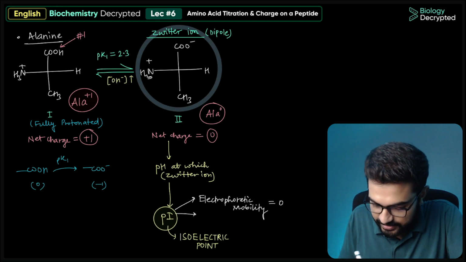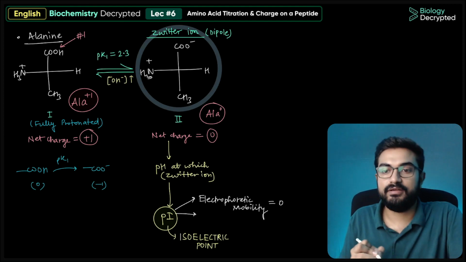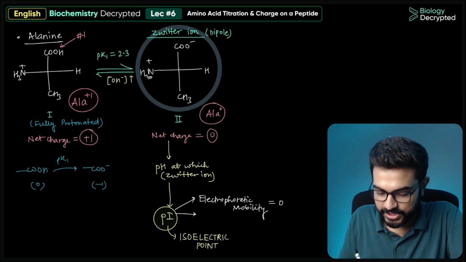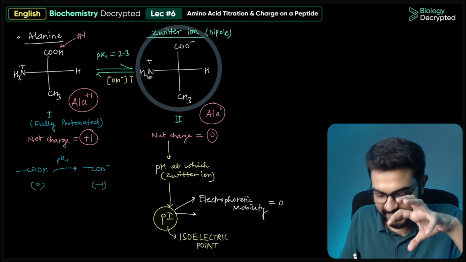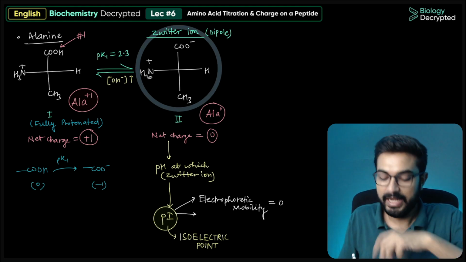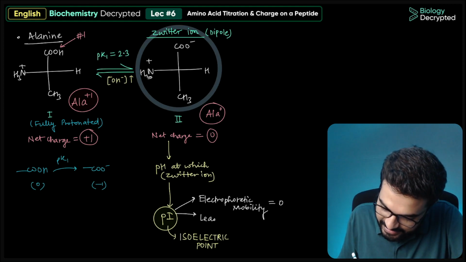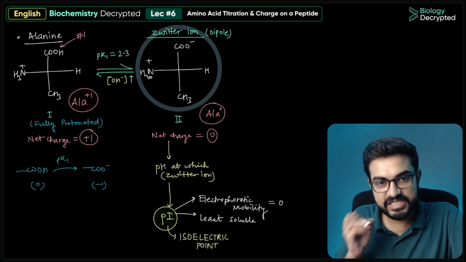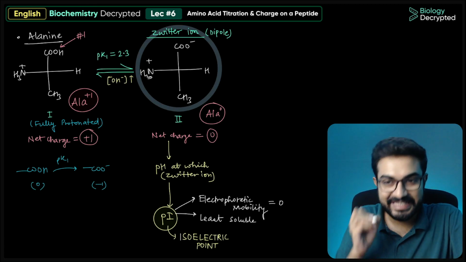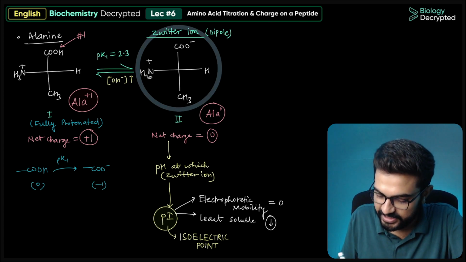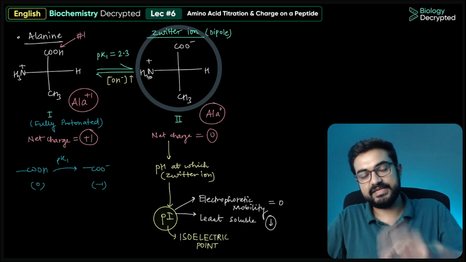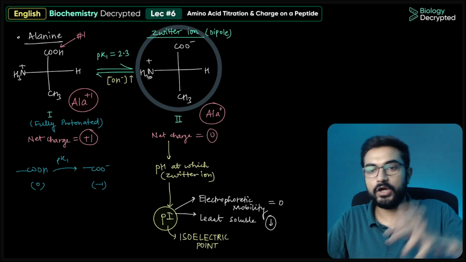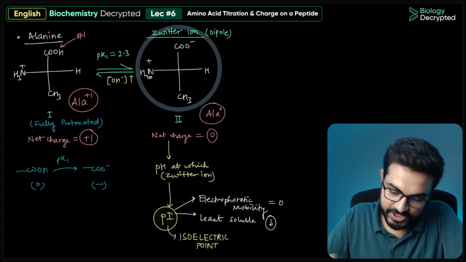At this PI, that value of pH at which this Zwitter ion exists, the electrophoretic mobility is 0, and it is least soluble. At its PI, an amino acid is least soluble, because of an overall net 0 charge.